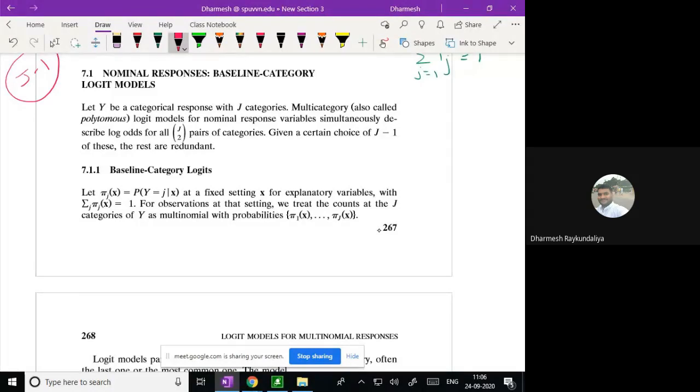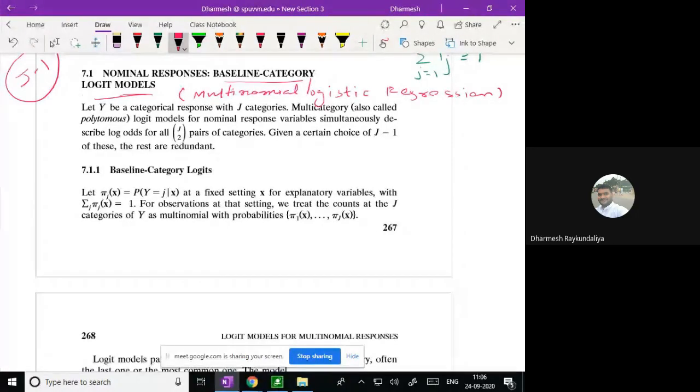When responses are nominal, we sometimes call them multinomial logit models or multinomial logistic regression models, or we also call them baseline category logit models.